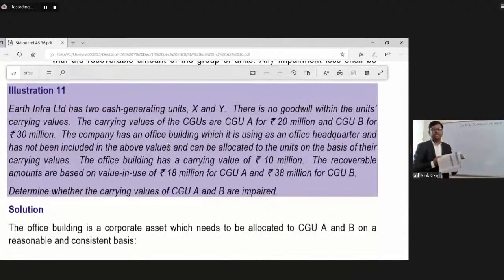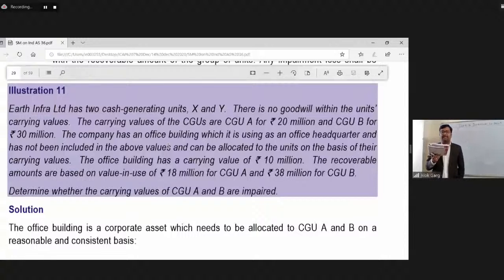With the help of this illustration, we will discuss how this corporate asset will be allocated and how the impairment loss on the corporate asset will be allocated. Allocation of corporate asset into CGU and the assessment of impairment loss on a corporate asset.